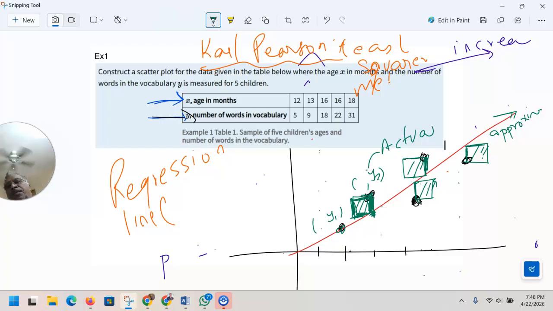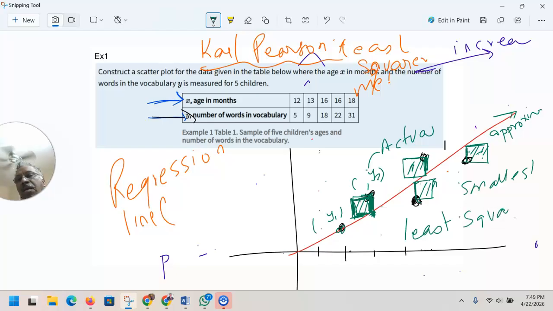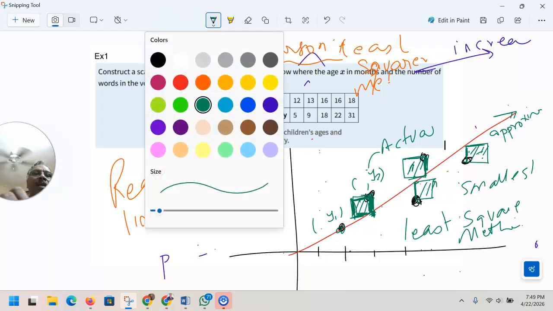And that area, you want to have the smallest. You want to make the sum of these areas the smallest, and that's why it is called the least square method. Now that you've gotten some idea about the best fit line, you want to avoid these squares becoming big. You want the area to be the lowest.